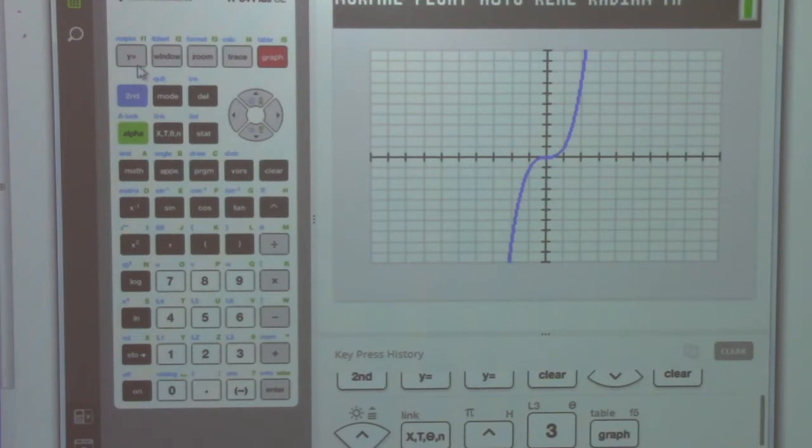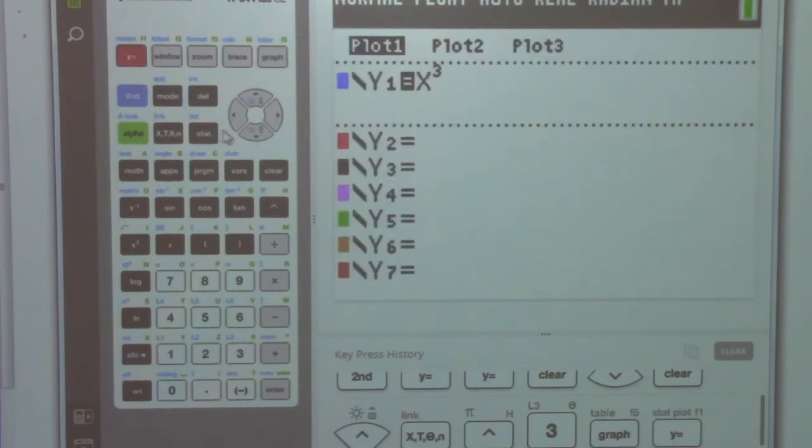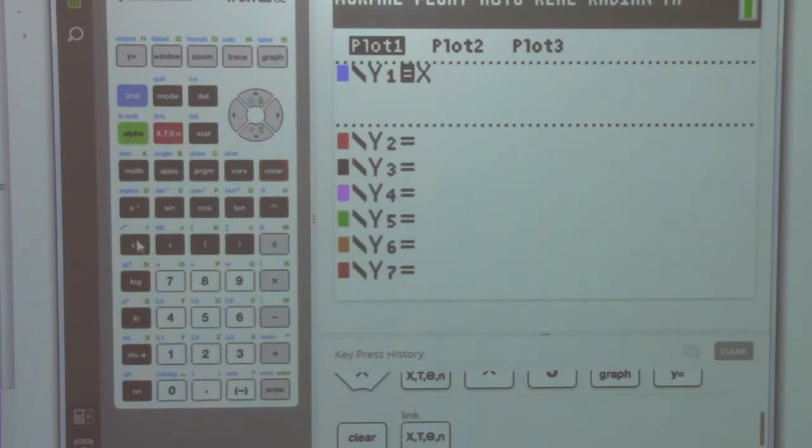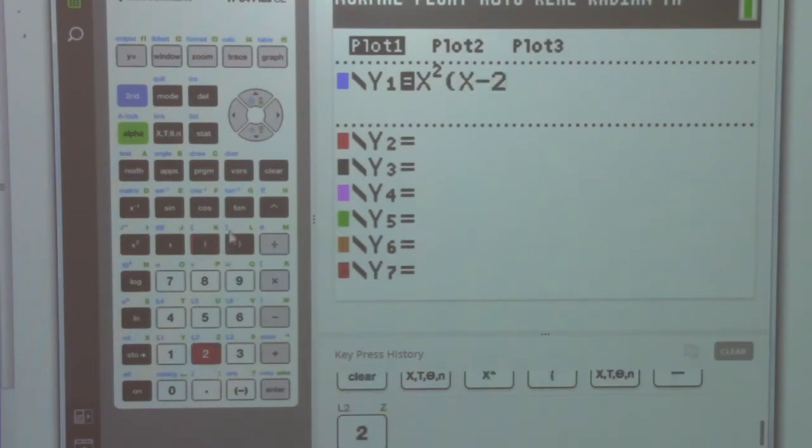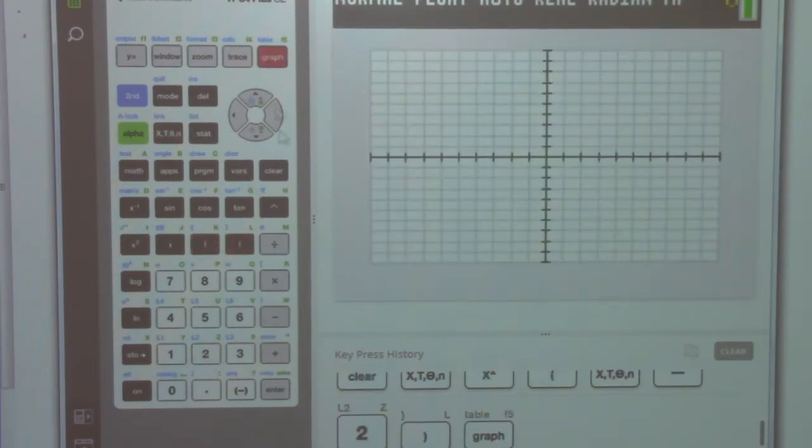And then the next one is going to be x squared times, I think it's quantity x minus 2. And so we graph this. How many turning points does this one have here? Two. It turns from increasing to decreasing and from decreasing to increasing.